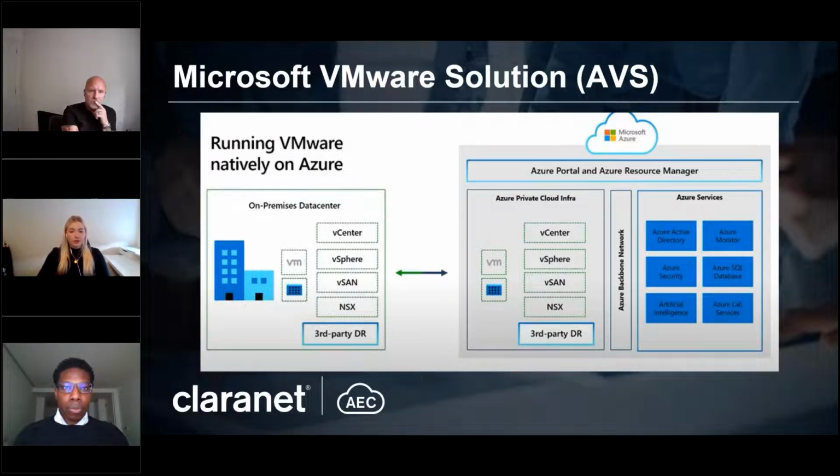You can keep using your existing VMware investment, skills and tools, including vSphere, vSAN, vCenter, whilst being able to integrate your environment with Azure services, allowing you to modernize workloads with Azure management, security and services. So as already mentioned today, that skill shortage, this eliminates that. You keep your current skill sets and utilize the public cloud.